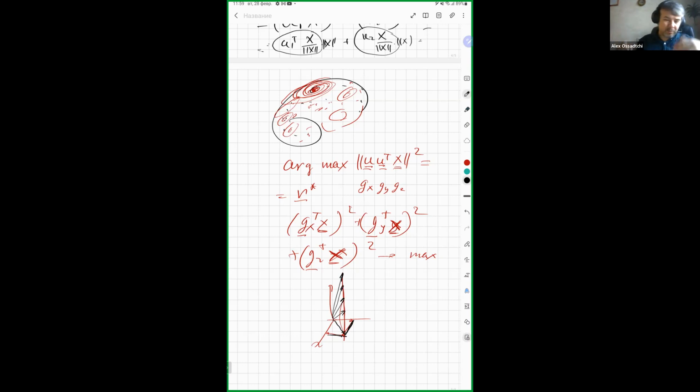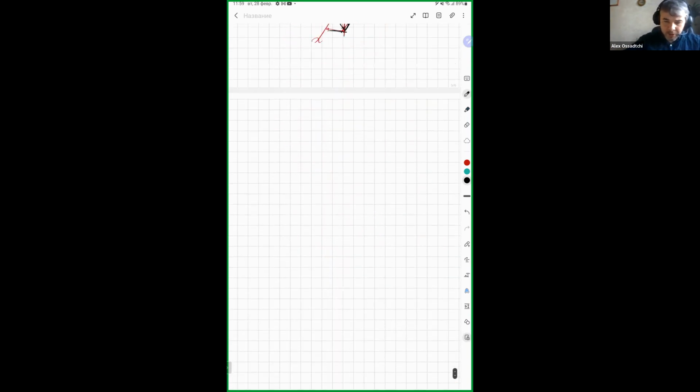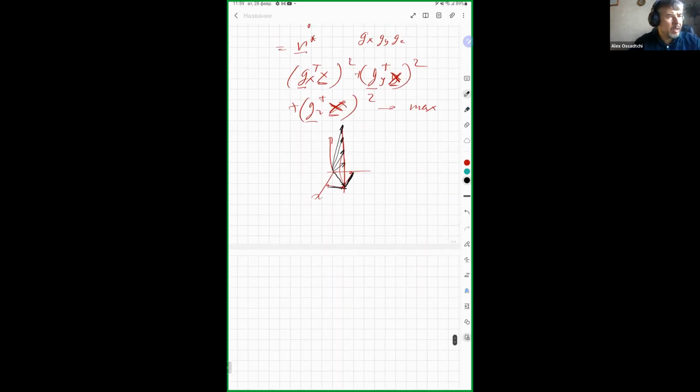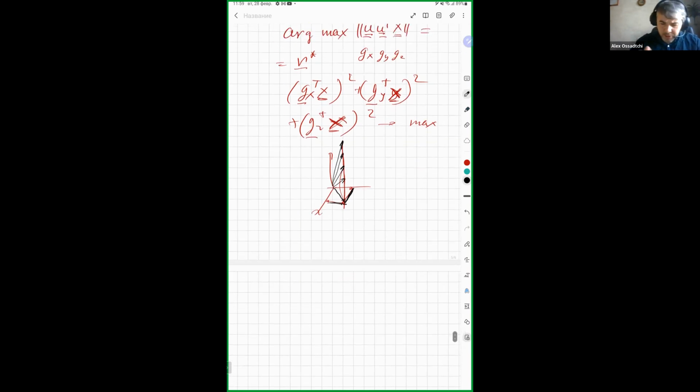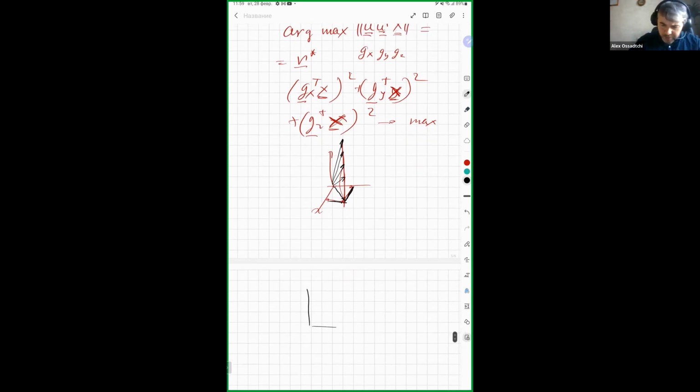Okay, and once you have this information, you can add them all together. It's like the summation of vectors, right?